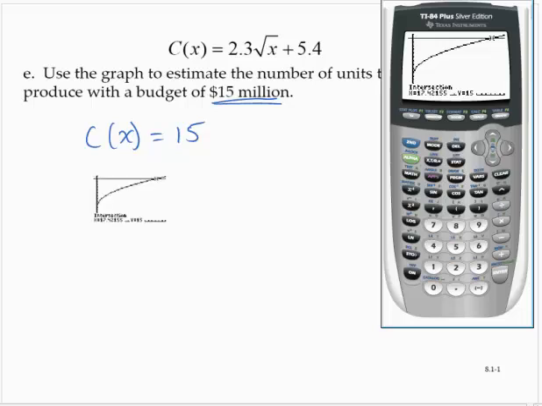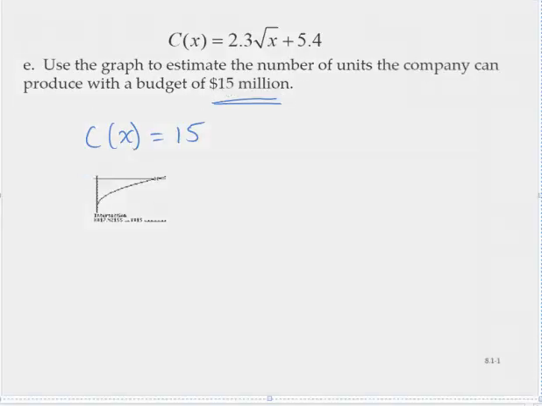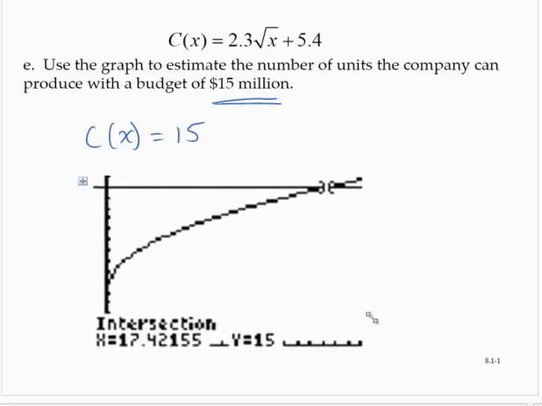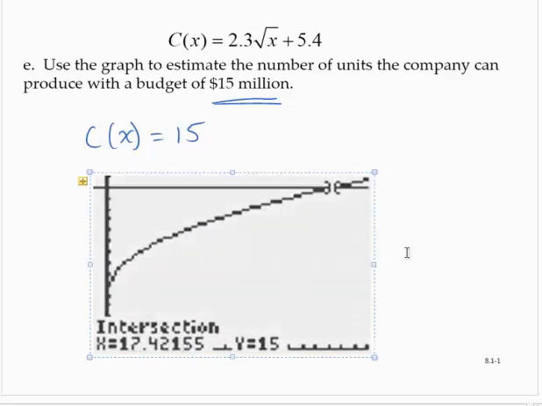And what I see in that graph is that they intersect when x is approximately 17.42, about 17 and a half, which is pretty much the same thing that I found just by tracing along.